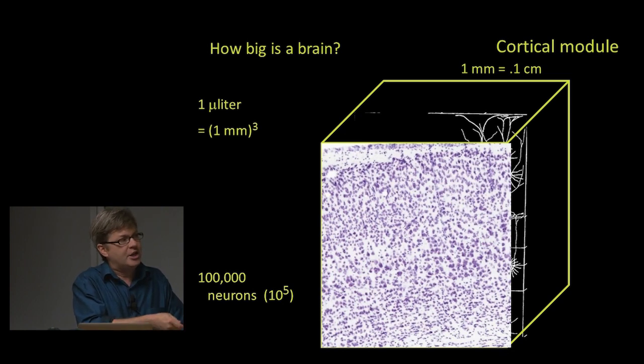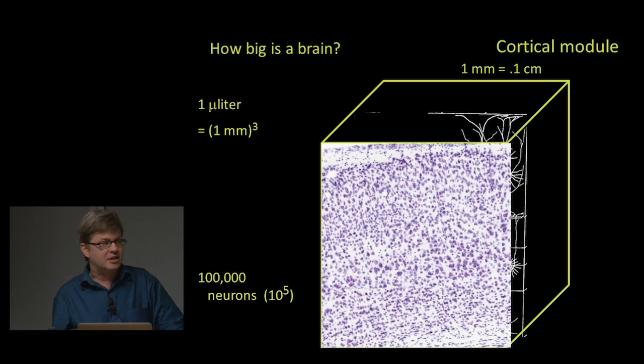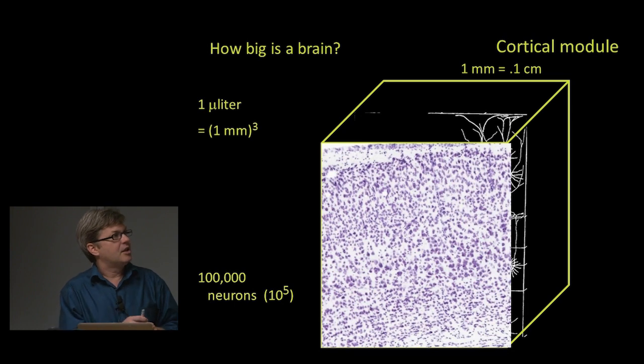And right here, just on the surface of it, you might see 1,000 or several thousand neurons, but if you fill it out in 3 dimensions, you have 100,000 neurons, and that's a lot of neurons, but it's something that we can begin to tackle with new techniques, particularly optical techniques.